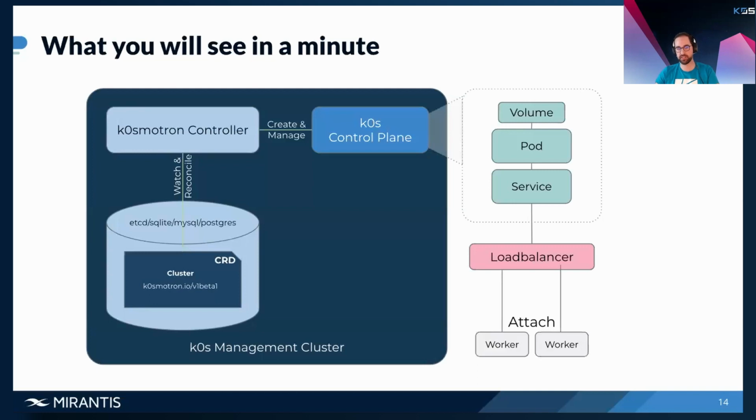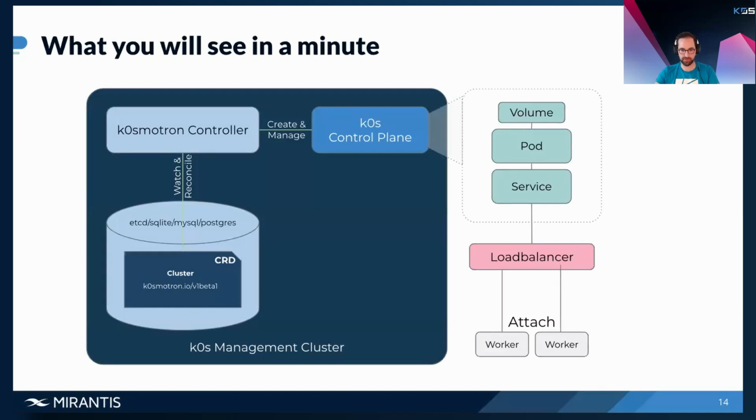You can run this k0s management cluster, let's say, in your own environment. And you can spin up k0s clusters or worker nodes in AWS or in Azure. And you only pay for the worker nodes, essentially only for the resources that are really giving benefits, that are running your business critical applications.